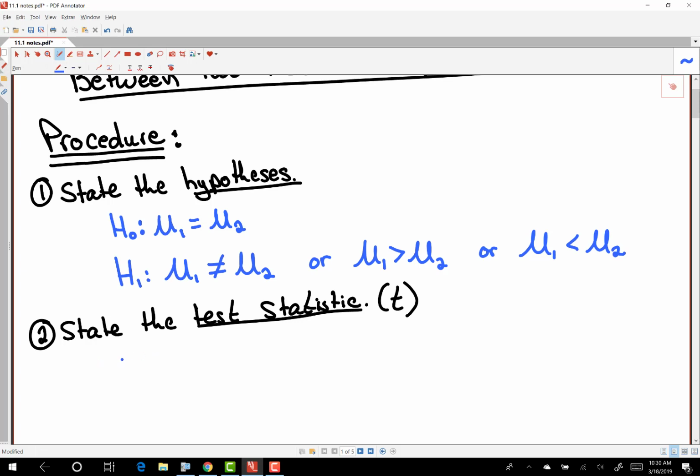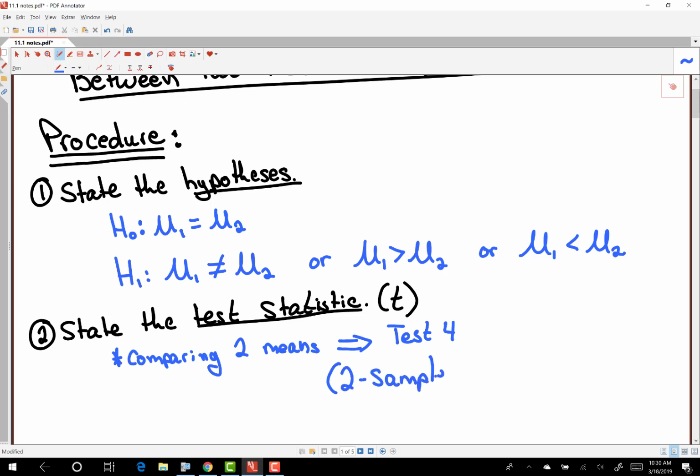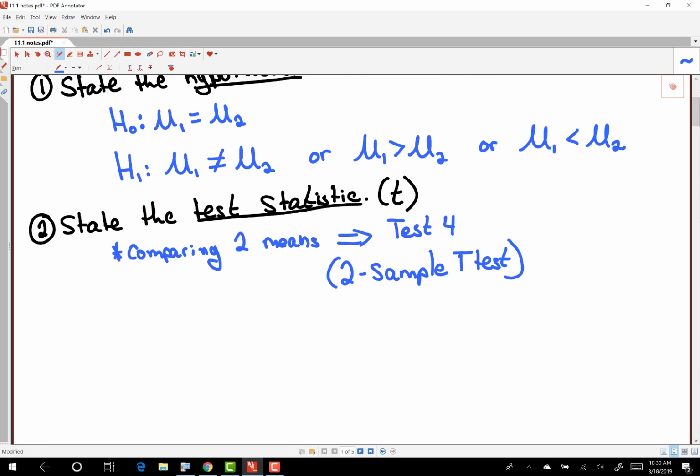So when you have your H0 where you're comparing two means, that's how we know to use test 4. And it's called the two-sample t-test. We will not be doing a z-test with two means, only the t-test. And then from there, the rest of it's identical.